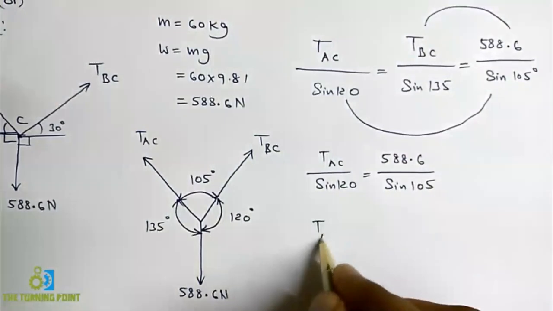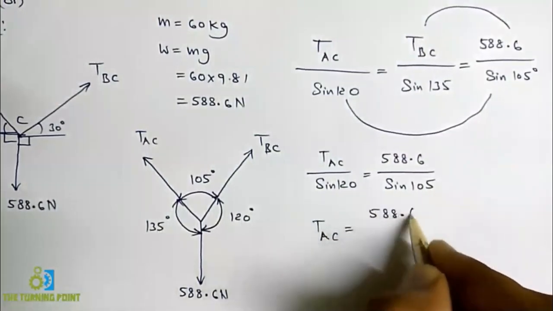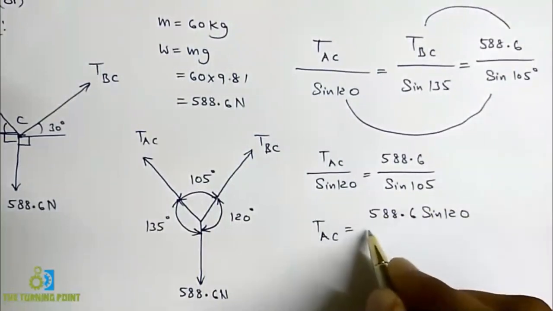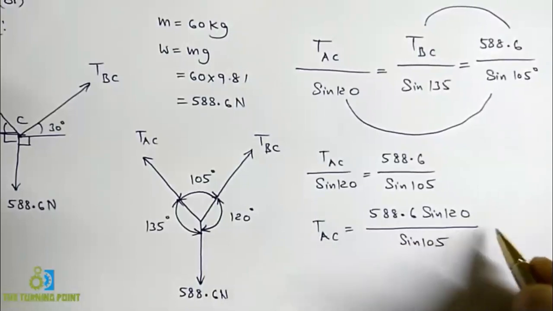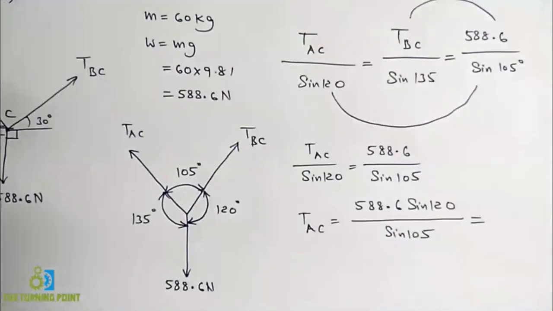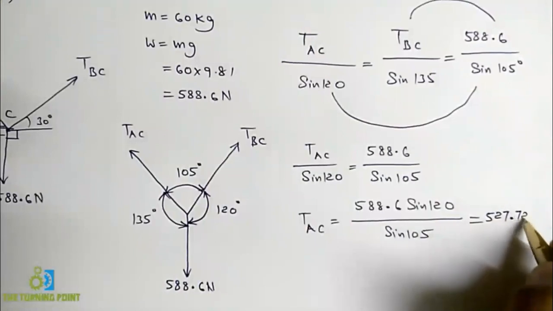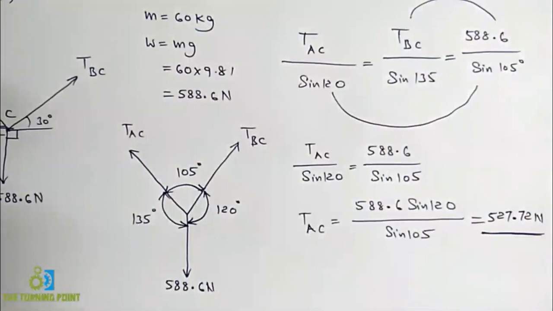From that, TAC is equal to 588.6 into sine 120 divided by sine 105. So when you calculate that, you will get 527.72 newtons. So this is the value for TAC.